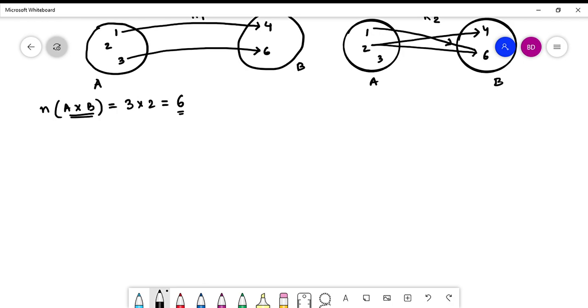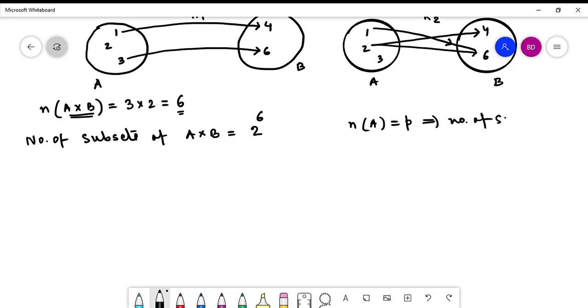From set theory, we know that if the number of elements of a set is n, then the number of subsets is always 2 to the power n. So the number of subsets of the Cartesian product A cross B is 2 to the power 6. And I have also mentioned that any subset of A cross B is a relation.